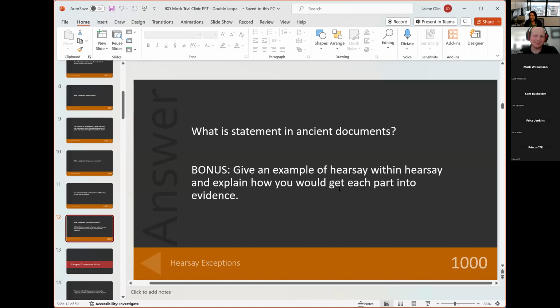Okay, bonus. And this one is tricky. Who can give an example of hearsay within hearsay and then explain how you would get each part into evidence?